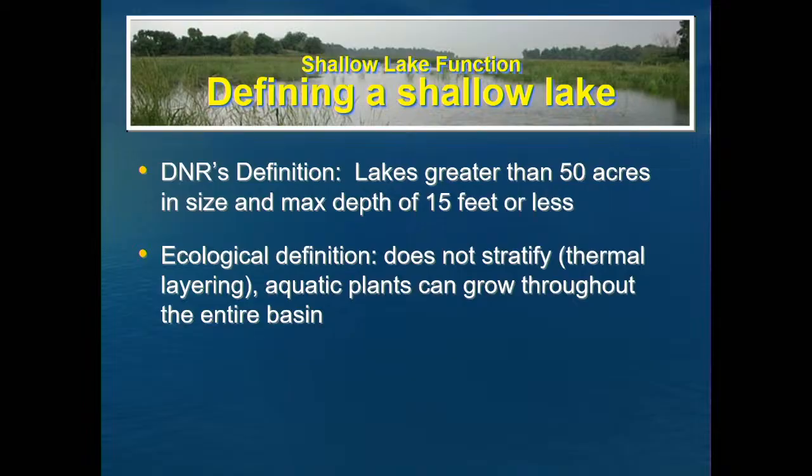Ecologically, the big thing is that they don't stratify, so we don't get warm water on top and cold, unoxygenated water on the bottom. Aquatic plants can grow throughout the whole basin, basically everywhere, because of that depth.